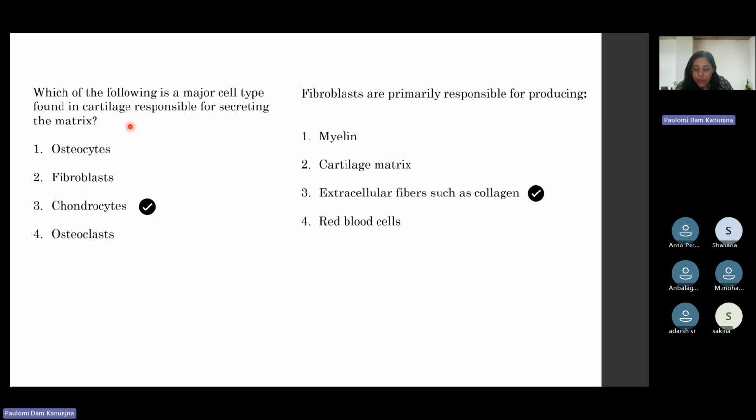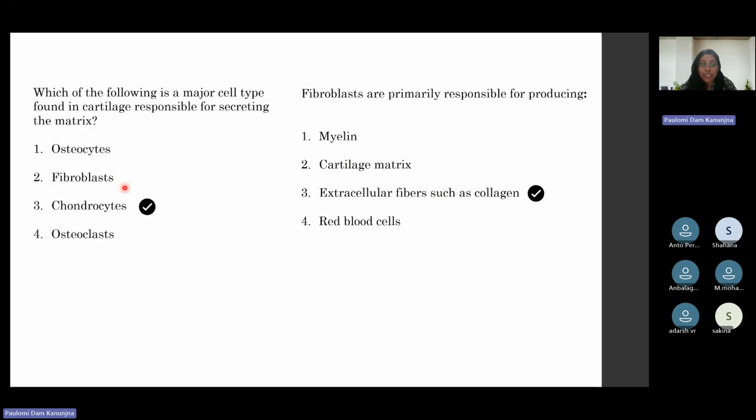What are the other cells doing? Osteocytes are basically mature bone cells that we will encounter in the coming slides. Fibroblasts produce fibers in the connective tissue, which is exactly what you have picked up here, collagen, right? You can take from the name that these are responsible for secreting fiber, and fibers are collagen.